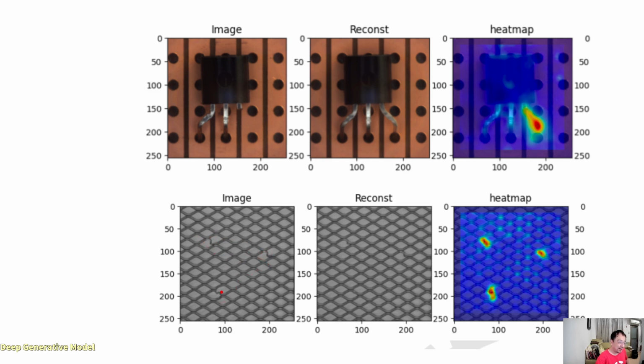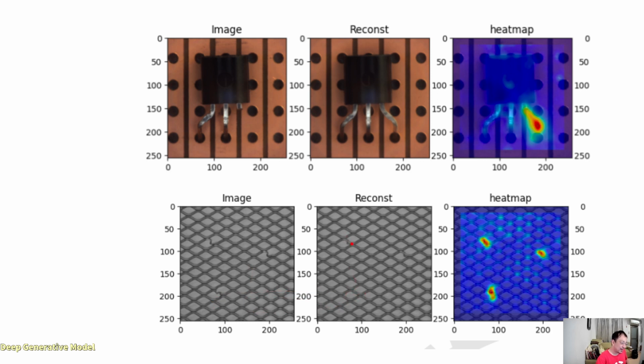But compared to the one above, this one is a little bit difficult to spot. However, although it doesn't reconstruct perfectly into a normal case, it still has a significant difference and is normal enough compared to the original input image.